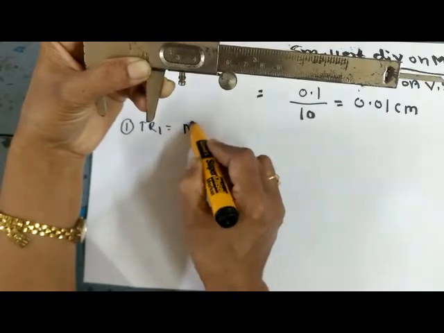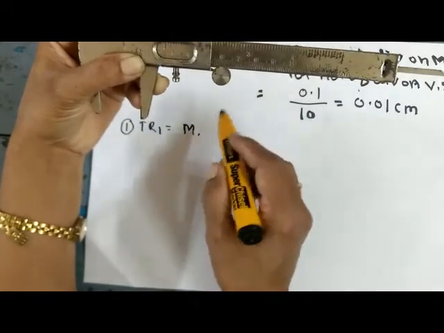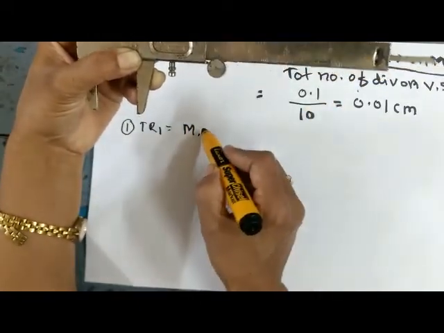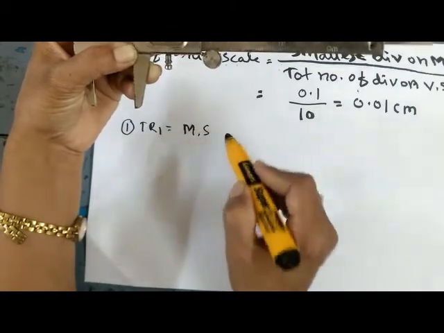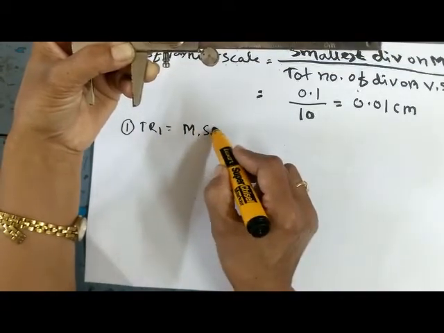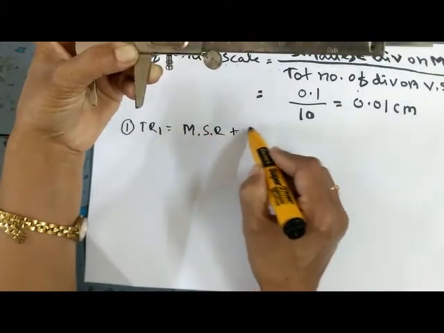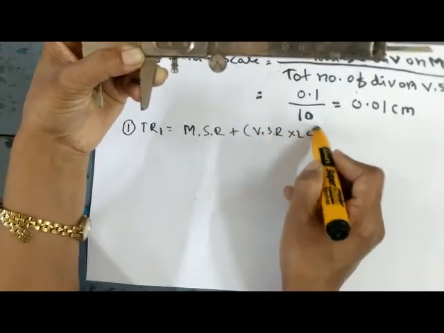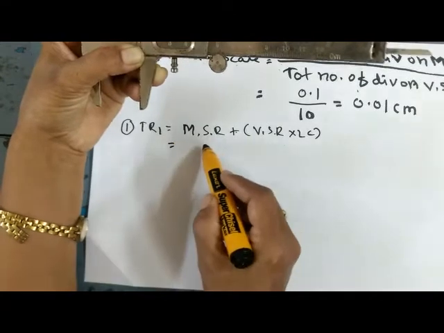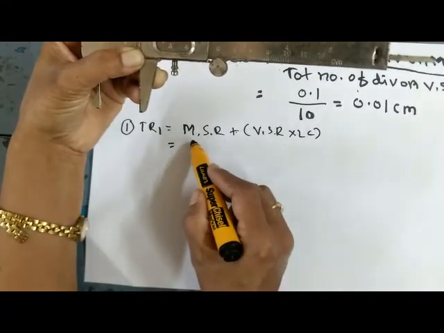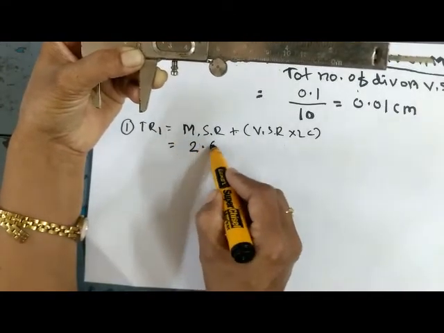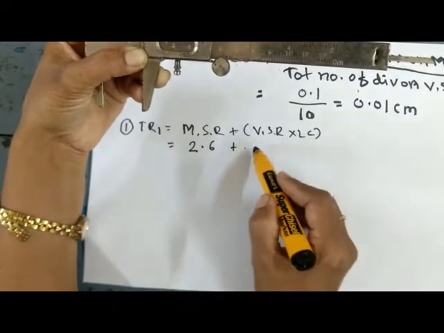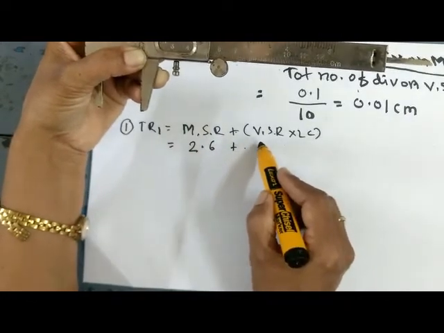First we define the least count formula. Then secondly, the reading is MSR plus VSR into LC. So MSR is 2.6 plus VSR is 0.